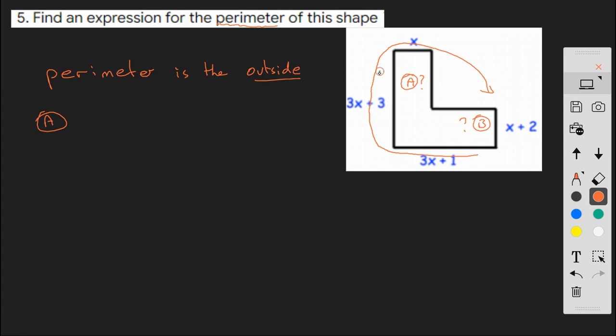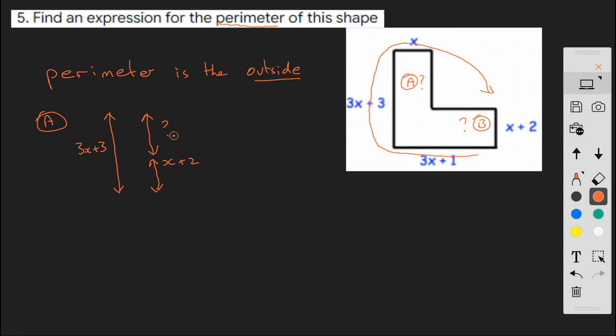Now, what I can see here is that the whole of the height of this shape is 3x plus 3. And I can see that this little bit down here is x plus 2. So I'm left wondering what this bit is.